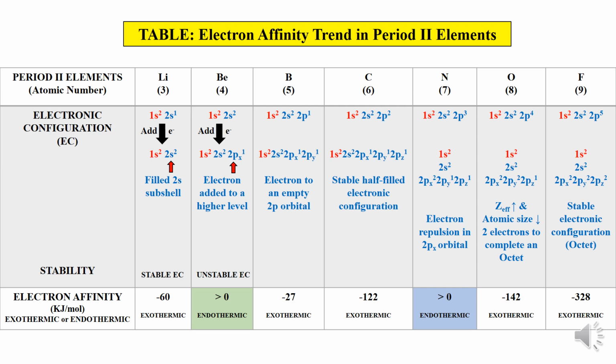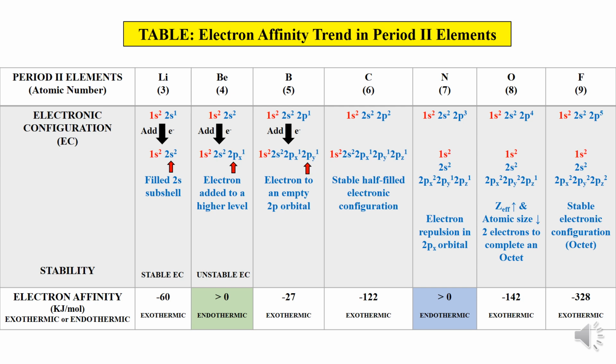Boron's electronic configuration is 1s2 2s2 2p1. The added electron goes to the 2py orbital. Now here, though the electron is added to a higher energy level, the added electron goes to an empty orbital and there is no repulsion.